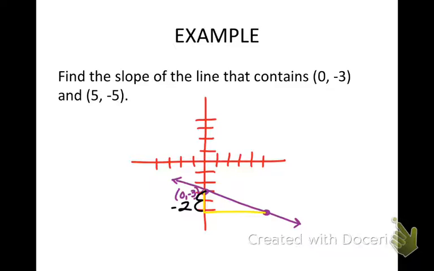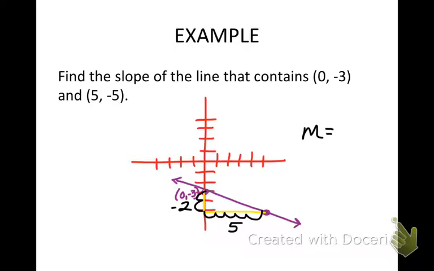It's a little bit harder. In this case, we're running forward. How many units? 1, 2, 3, 4, 5 units. I'm running in the +5 direction. So slope is your change in y over your change in x. So what's the change in my y? -2 over 5.